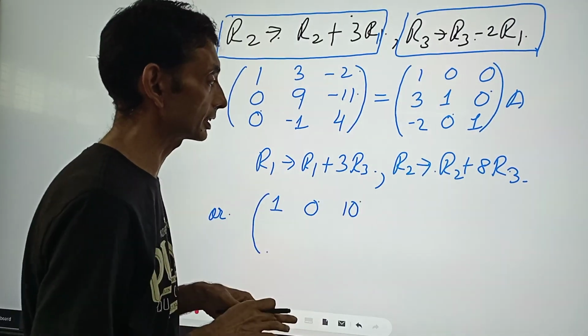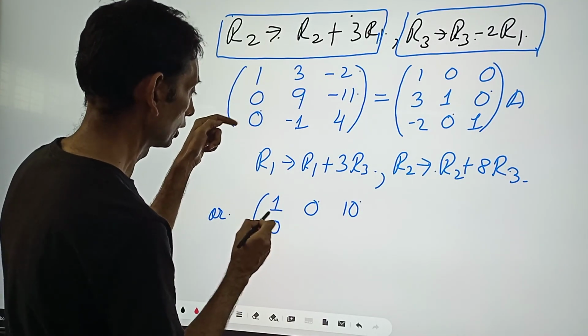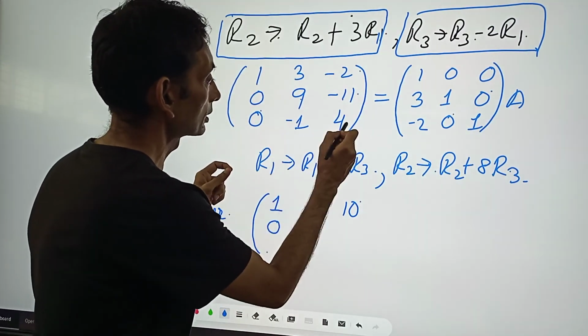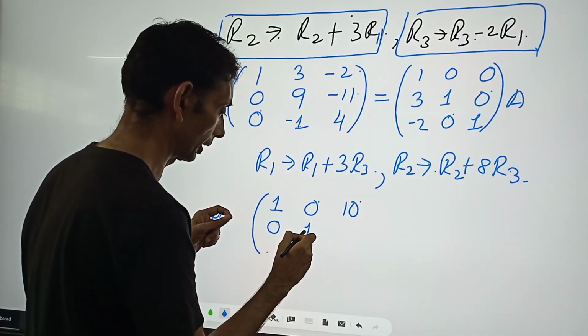And let's see the second row. There is no change here because this is 0. You are multiplying the third row by 8, so this is -8 plus 9, so it has to be 1.